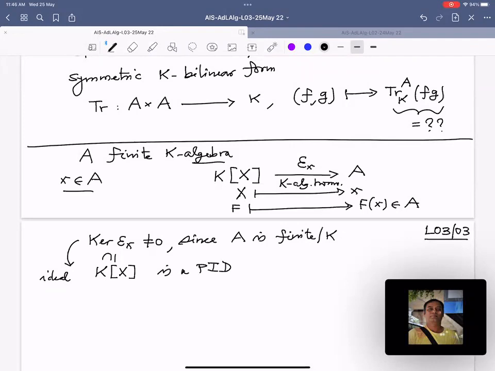So therefore, the kernel is generated by a single polynomial that I will call mu x. This polynomial mu x is called the minimal polynomial of x over K.